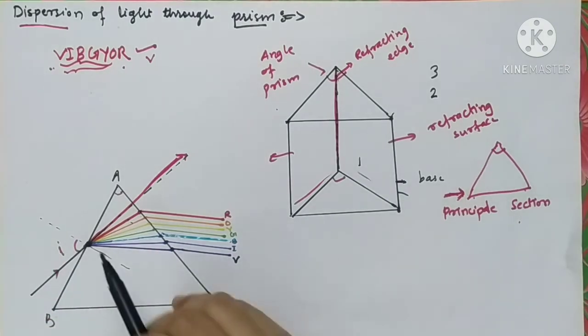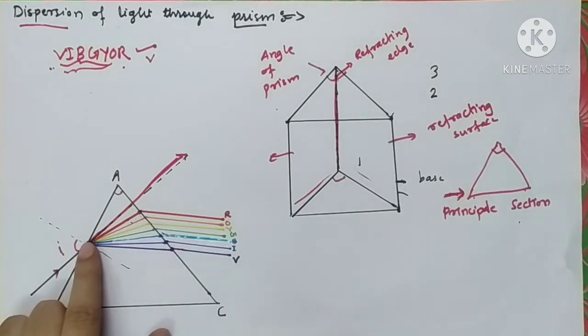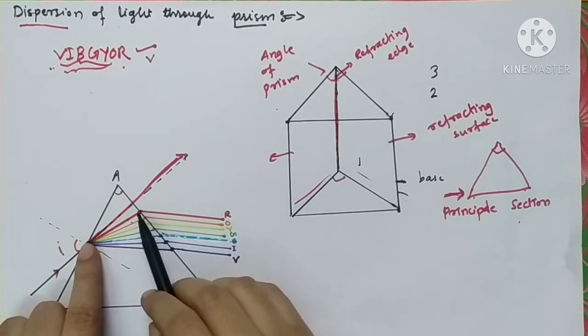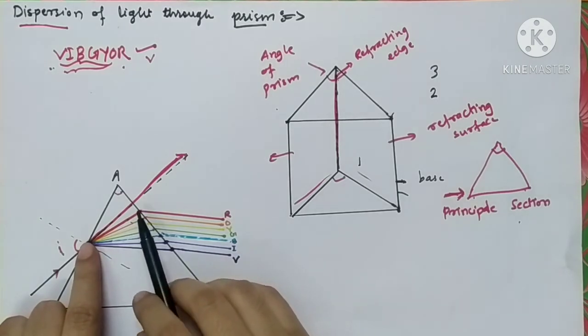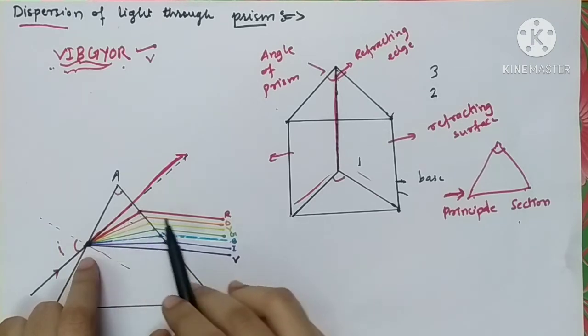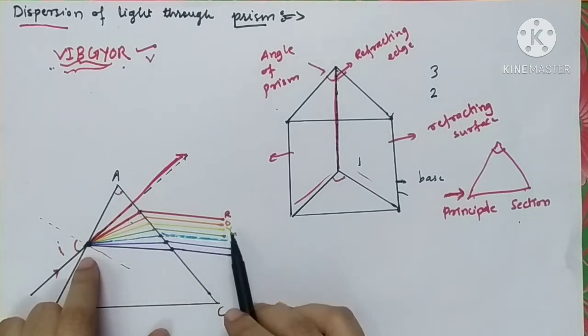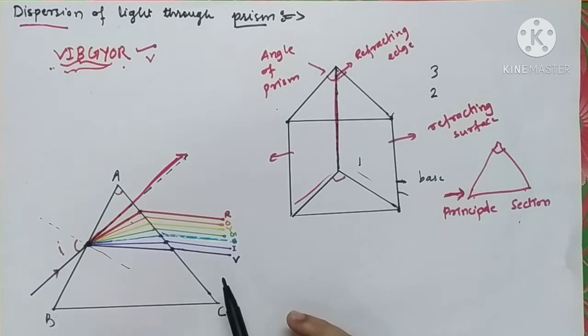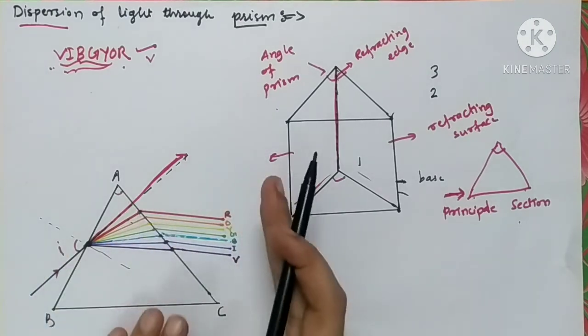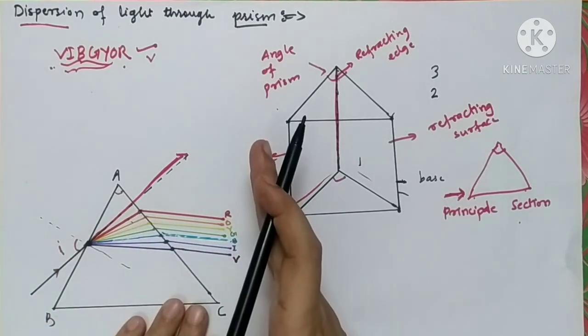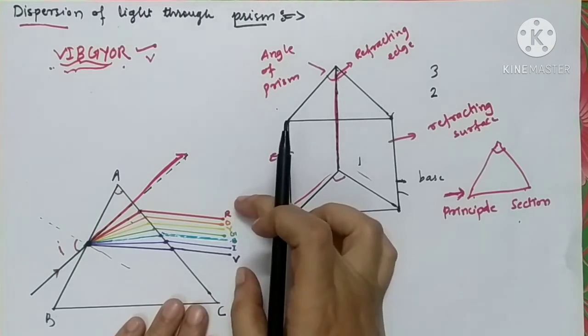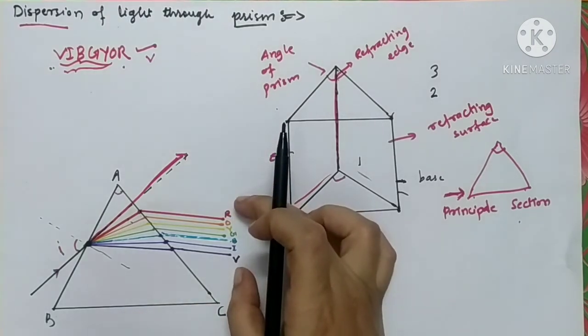So let us consider the first color, red color. It has the maximum velocity, so it suffers less deviation. So red, then after that we are going to get orange, yellow, green, blue, indigo, and the last one is violet. In this way, when we observe this dispersion pattern, we will get color bands which are quite distinctly separated.